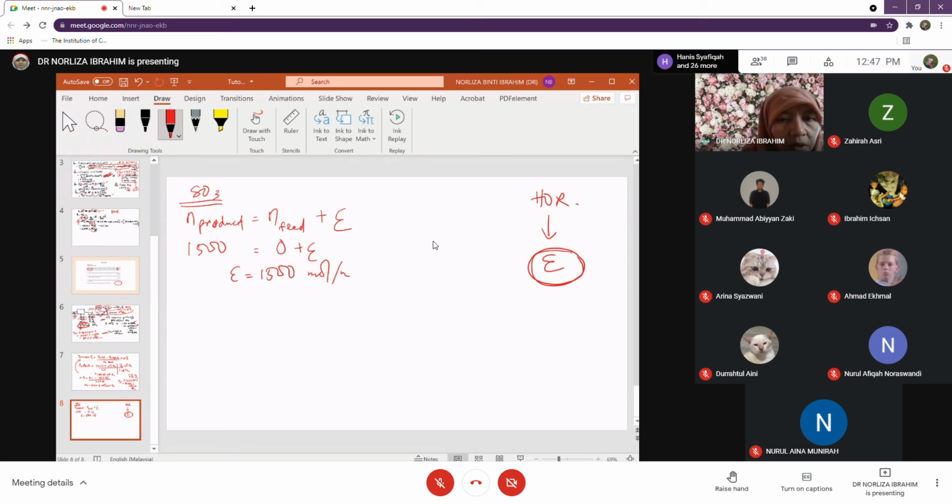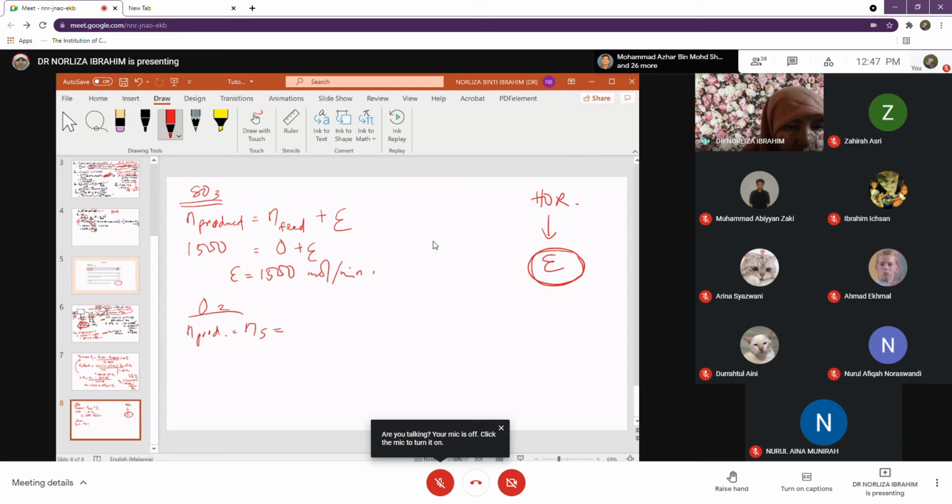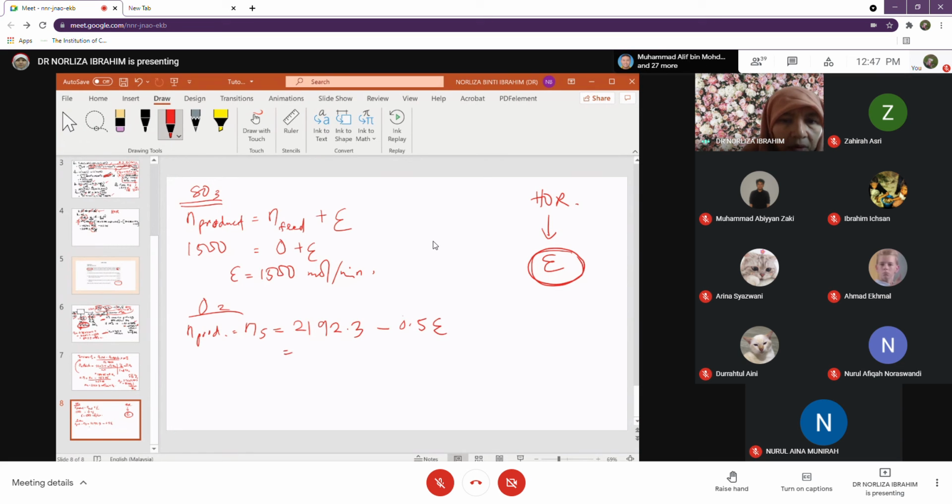So if I want to do it for oxygen, the extent of reaction for the oxygen in the product, which is my N6: oxygen in the feed, what was the oxygen in the feed just now? 2192.3. Oxygen is a reactant, so minus 0.5 times the extent of reaction. So what will be the oxygen left? 2192.3 minus 0.5 times 1500.